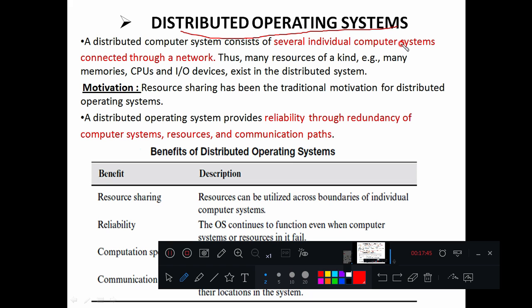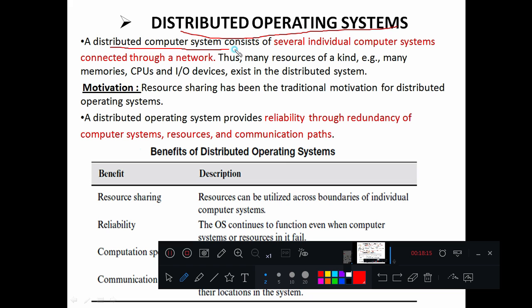If I maintain three more Google servers, then if one server fails, I can connect to the second or third server and make a request to Google, right? So that is the part of a distributed operating system. In a distributed operating system, we need connections. The computers need to be connected to one another, right?